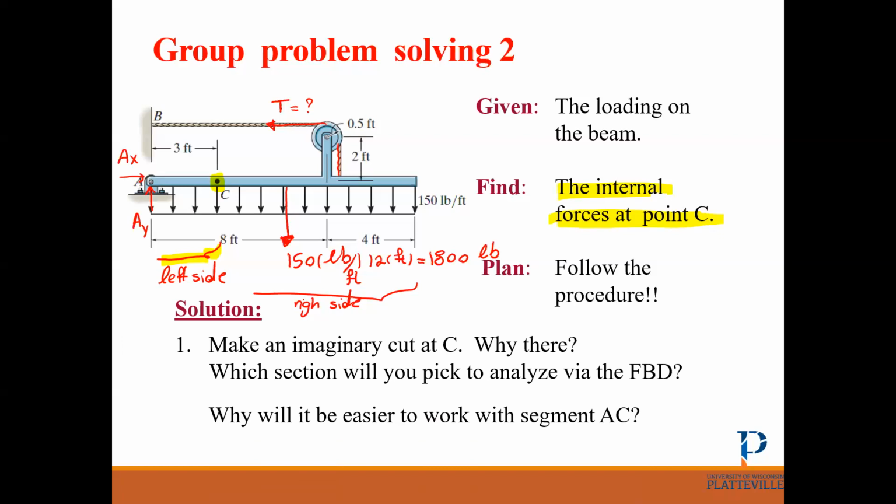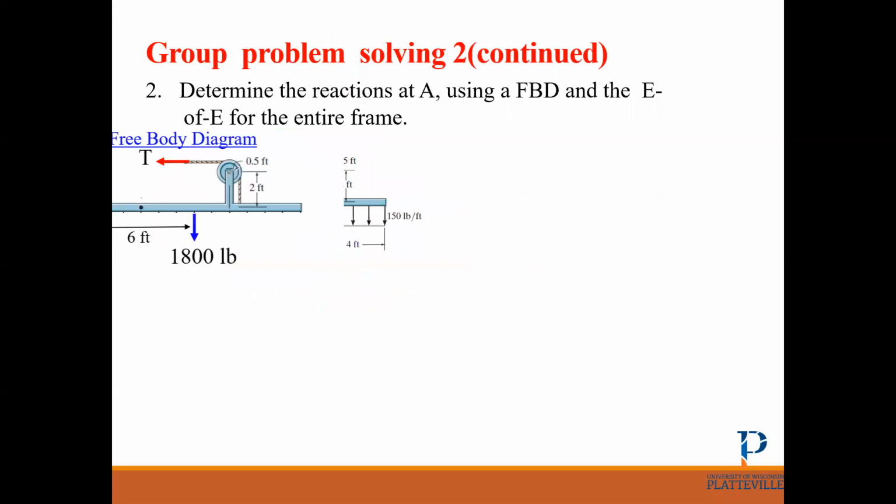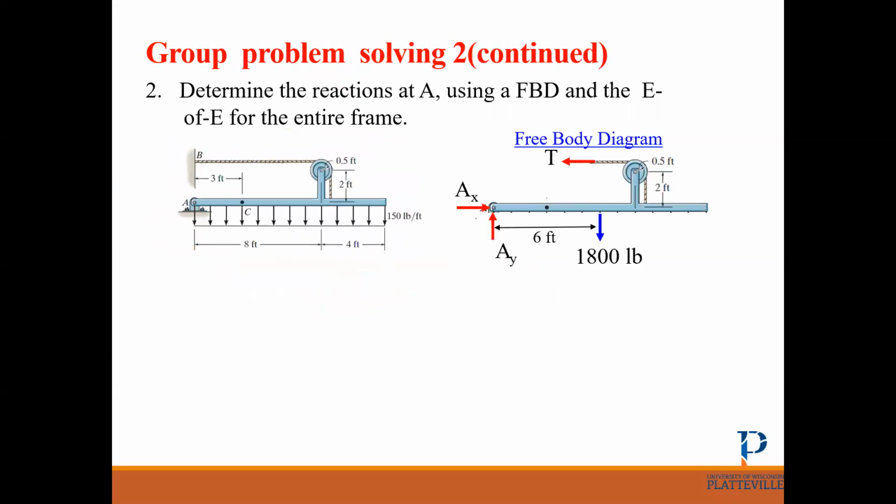Now let's see how we can solve this problem. Okay, so first I want to find the reactions. So the first step is to determine the reactions. To find the reactions, I just draw the free body diagram of the structure.